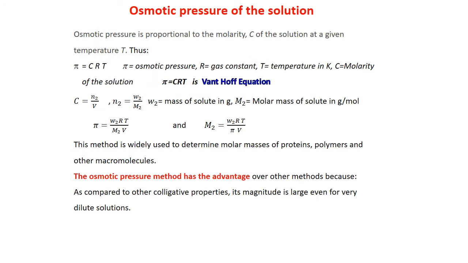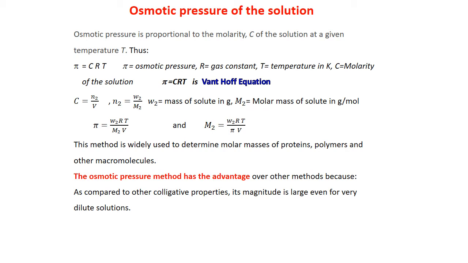Osmotic pressure of the solution. Osmotic pressure is proportional to the molarity. C means molarity of the solution at a given temperature. So pi is directly proportional to C and directly proportional to T. So pi is equal to CRT, and R is the constant for the solutions.